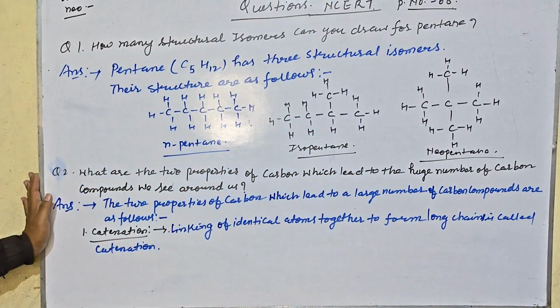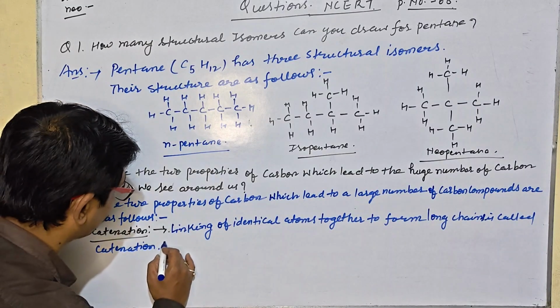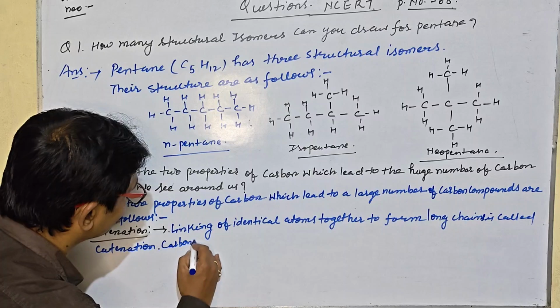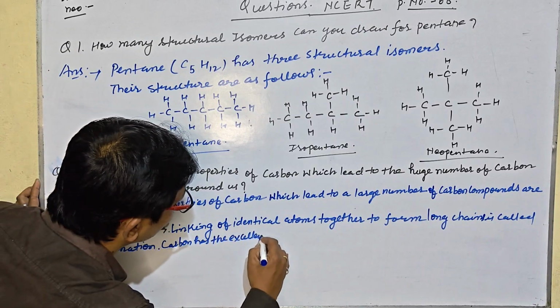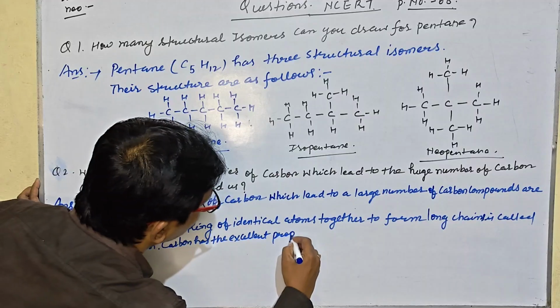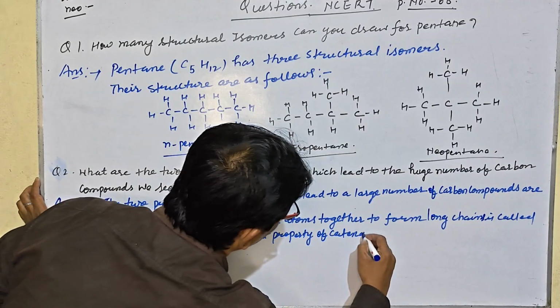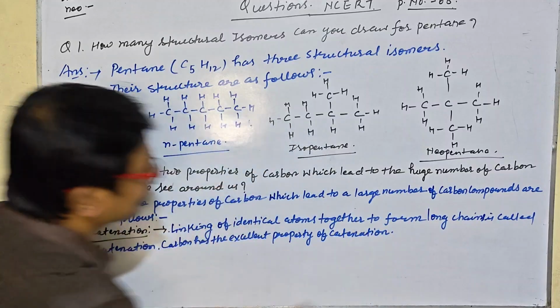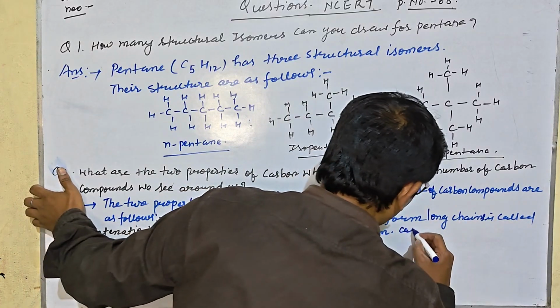So it is quite clear. The next thing: carbon has the excellent property of catenation. Why?